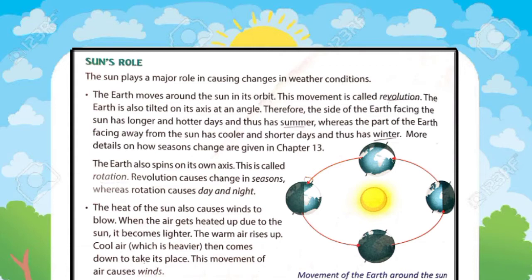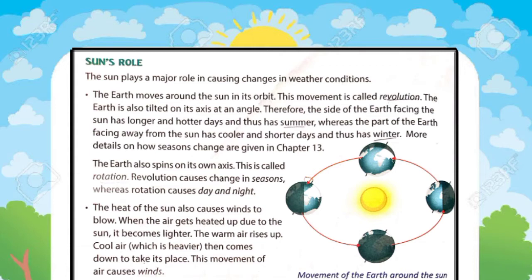This means that to us here on earth, the sun appears to rise in the east in the morning and climb higher and higher in the sky towards midday, and in the afternoon the sun seems to move lower and lower in the sky before setting in the west.